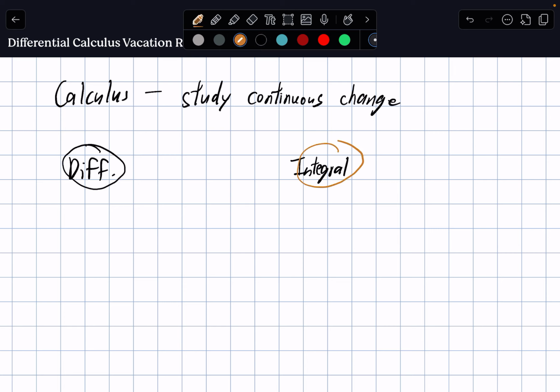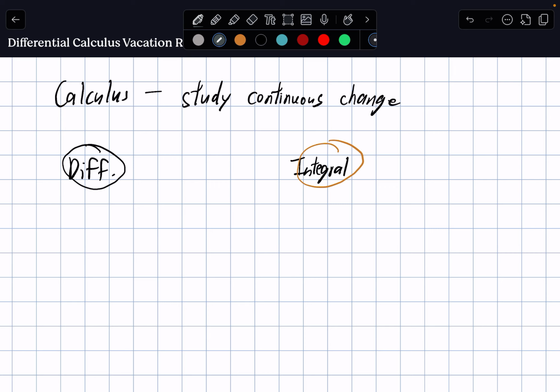I'm going to take integral next term, so that's in a few weeks, but essentially I'm not going to learn about it yet. So in differential calculus, what's involved here are instantaneous rates of change of quantities, as well as slopes of curves.